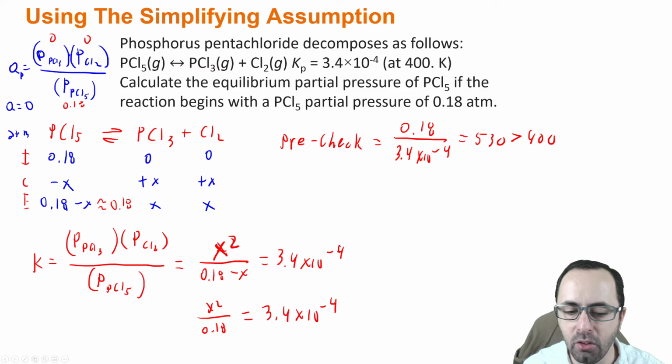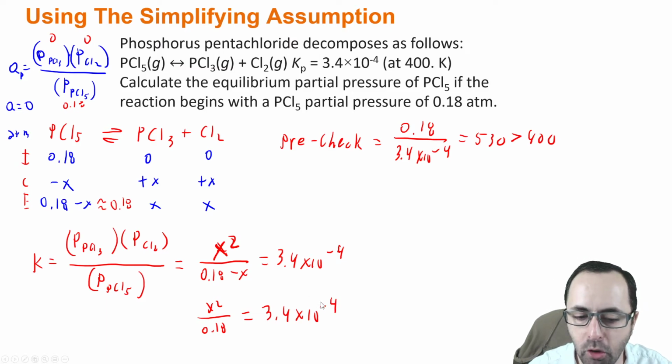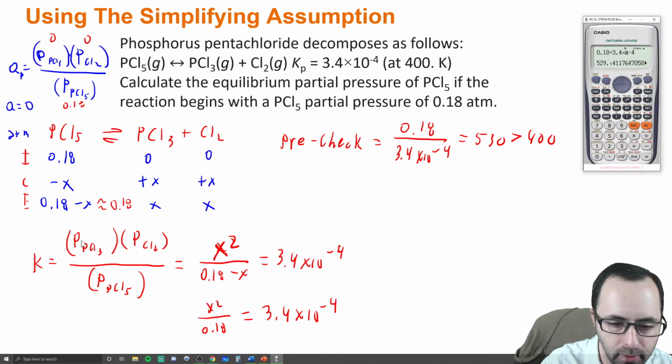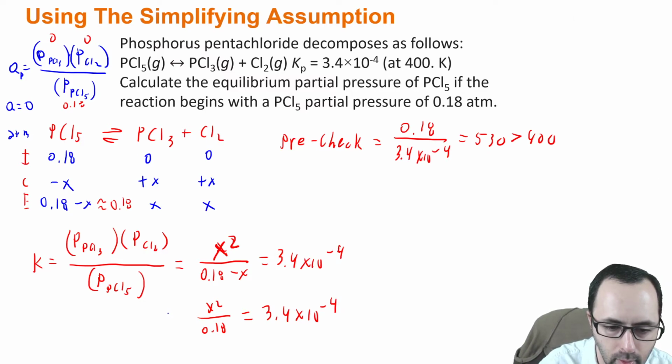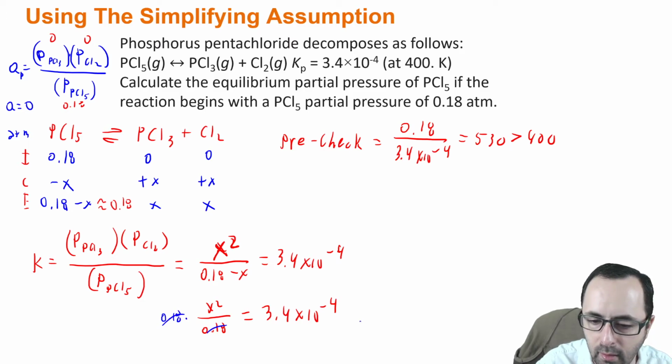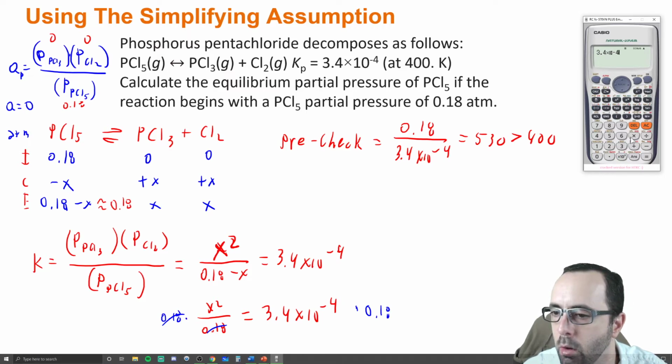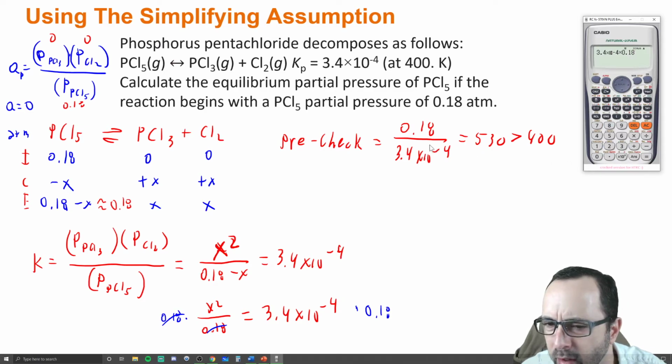Now we need to multiply both sides times 0.18, which is going to cancel these on this side. So let's calculate that: 3.4 times 10 to the minus 4 times 0.18. I feel like I might have calculated this wrong, but I know it's still greater than 400.